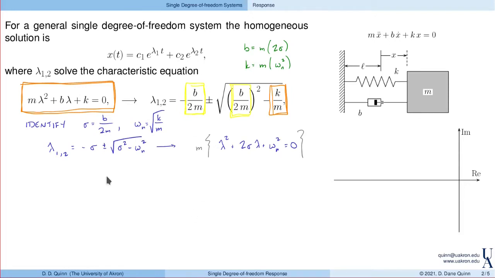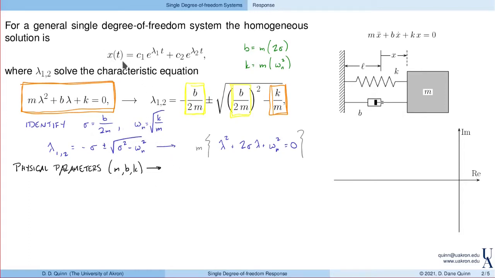So if you notice, we started off with 3 physical parameters. And those were m and b and k. The mass, damping, and stiffness. And what we found is that the response only depends on 2 parameters.